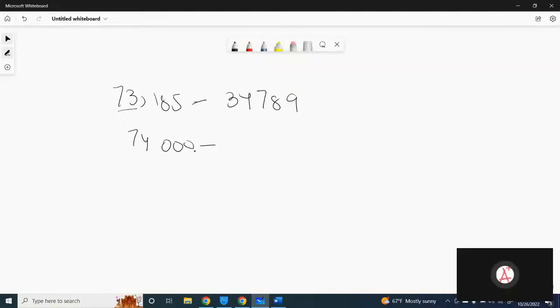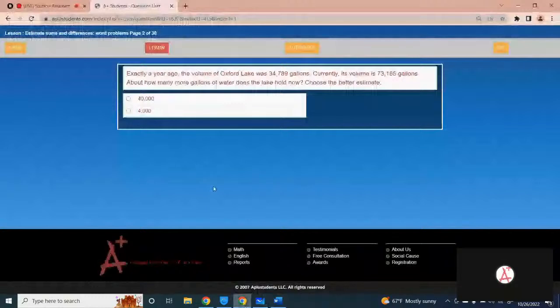And here you have 34,789. So you can round off the number to 34,000. Got it? So it would be rounded off to 7 minus 3 is 4, 40,000. So the estimated answer is 40,000. Just select the correct option and then click on the OK button.